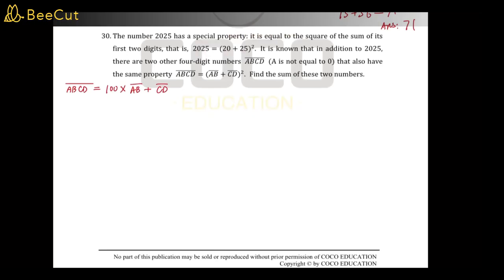To make it easier, let's say X equals AB, Y equals CD. So now ABCD is 100 times X plus Y. So we have 100X plus Y equals the sum of X and Y, then you square it. So (X plus Y) squared.